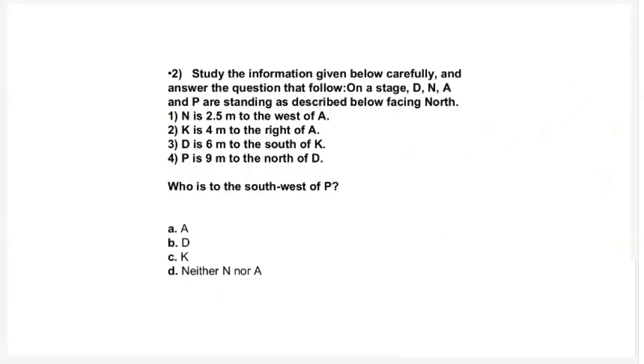Next question. You have been given this information. It is almost exactly the same. N is 2.5 meters to the west of A, K is 4 meters to the right of A. D is 6 meters to the south of K, P is 9 meters to the north of D. Who is to the southwest of P? This is your question.